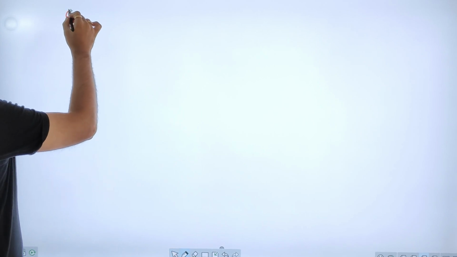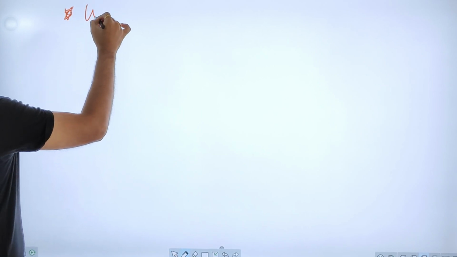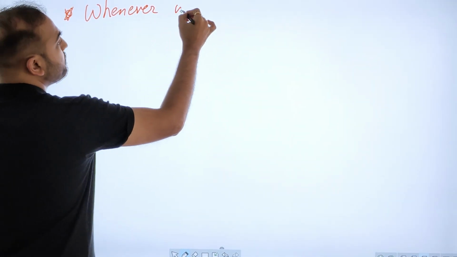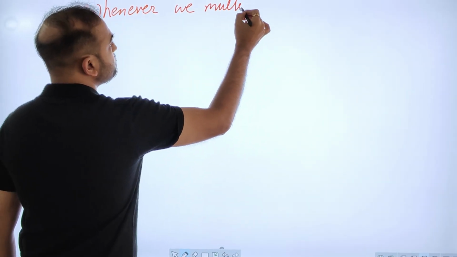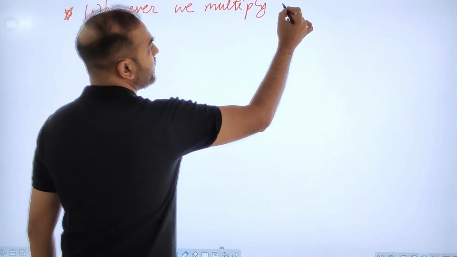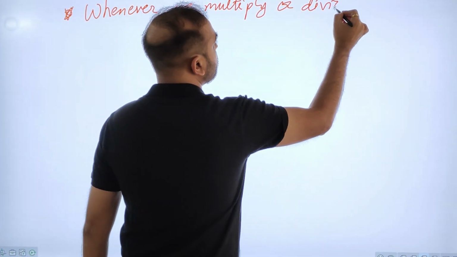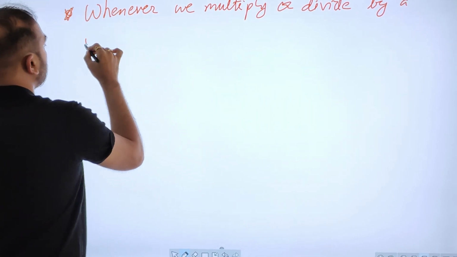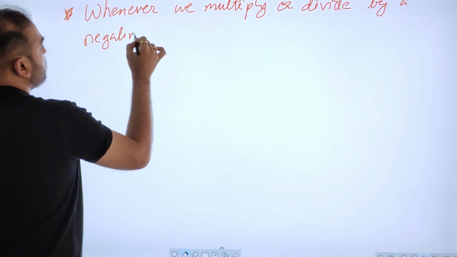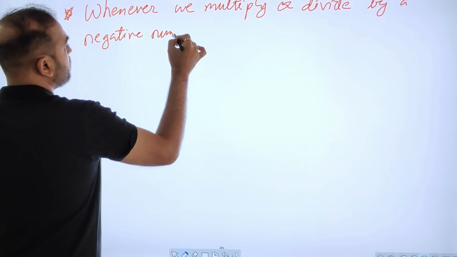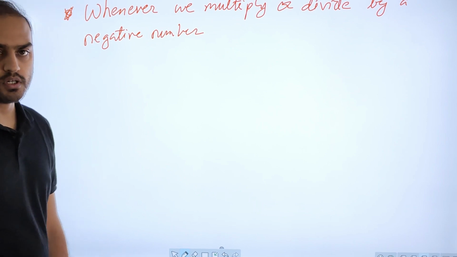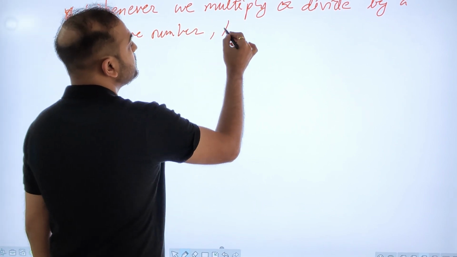What we are trying to do here is that whenever we multiply or divide by a negative number, the inequality sign changes.